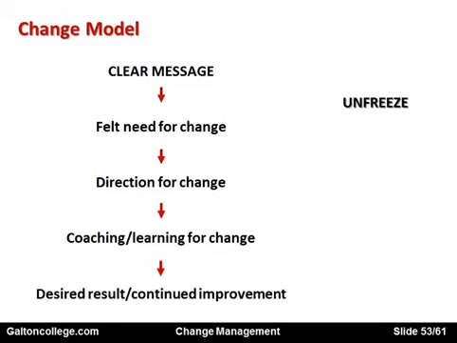It was fixed. Now we've unfrozen it. We unfreeze it, and then we change it. And then, oddly enough, we freeze it again. We change it, and then we lock it back.